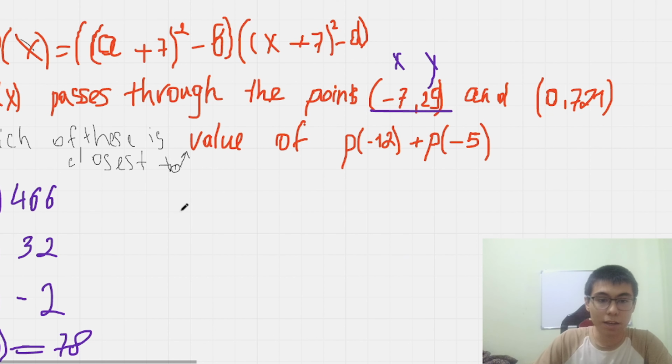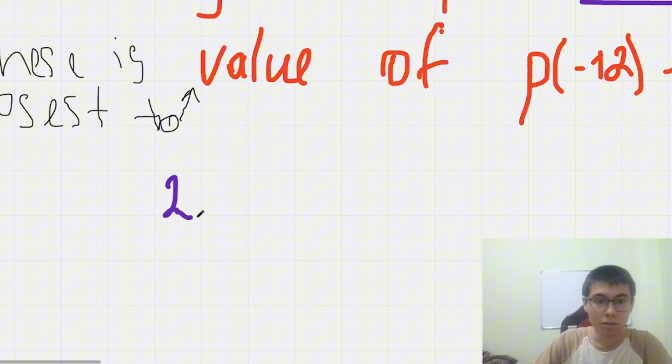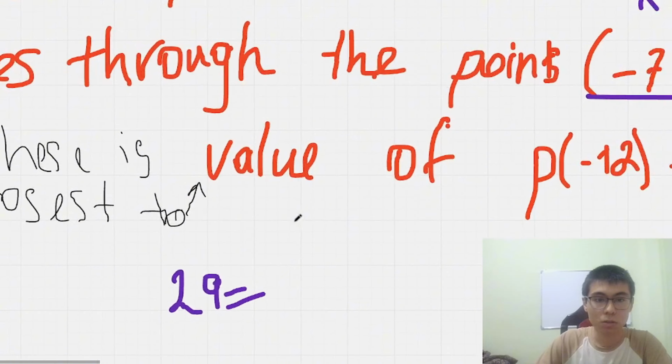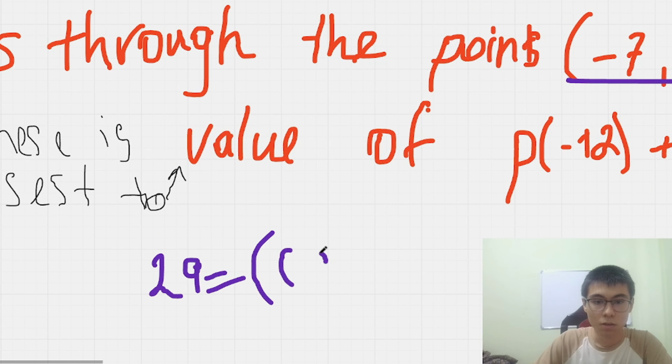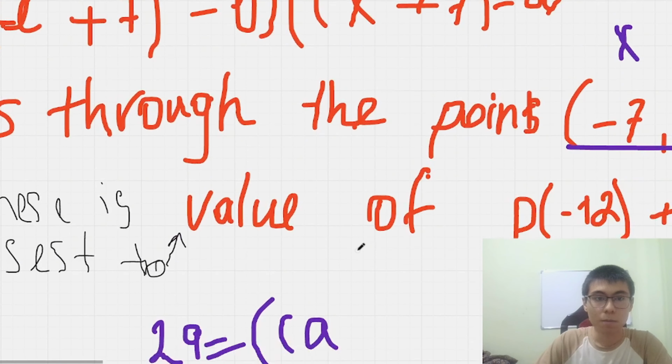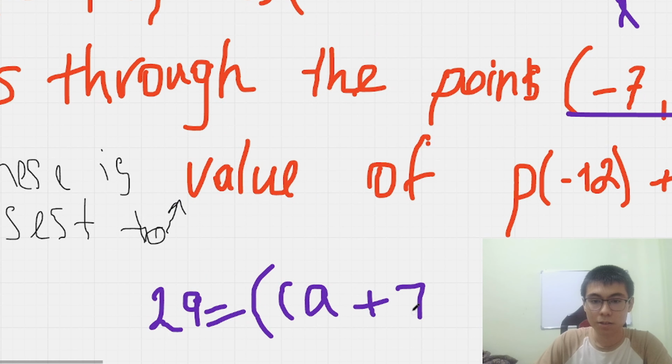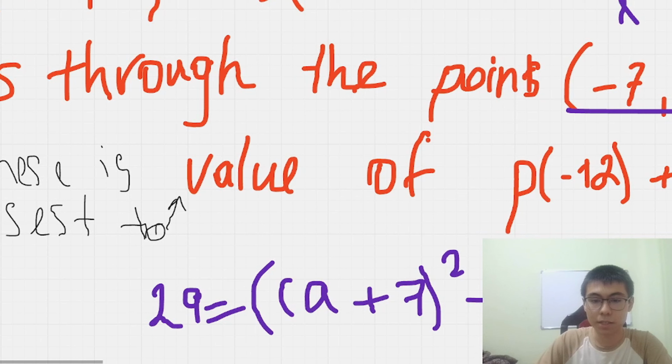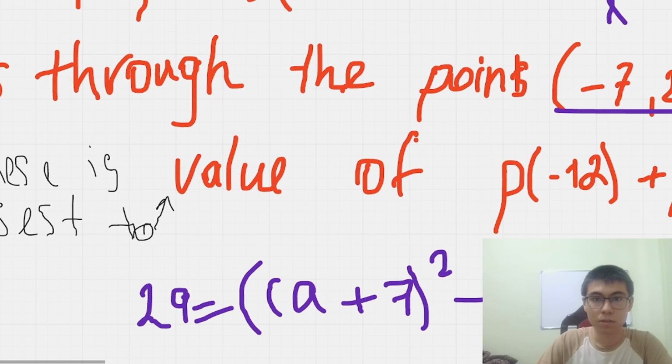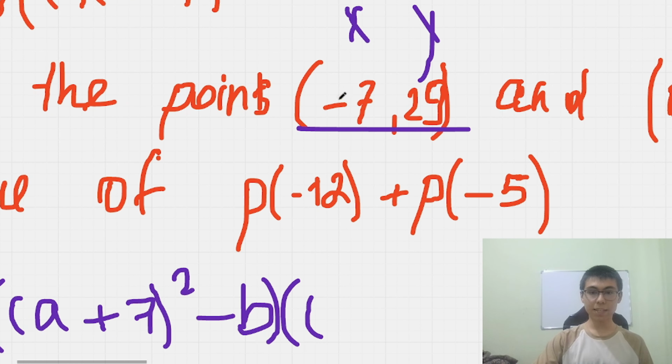So 29 equals a plus 7 squared minus b. Here we have minus 7, so I will put minus 7 instead of x.